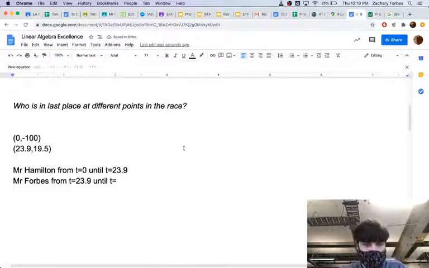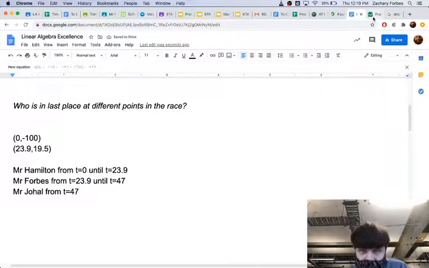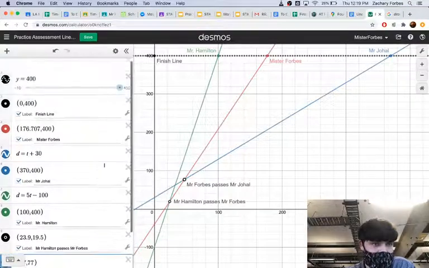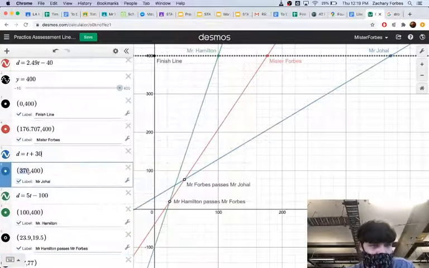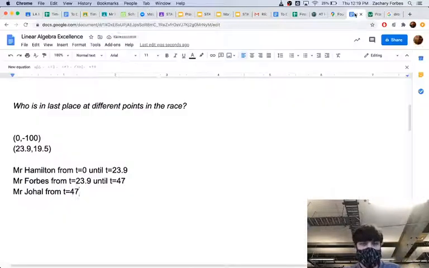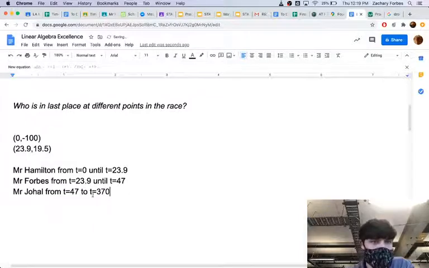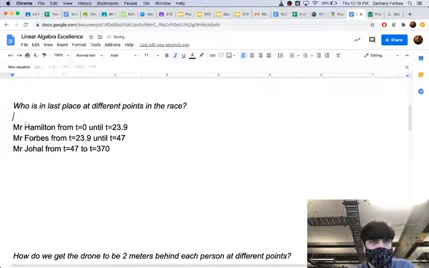Yes, 47. And then we know the last one's going to be Mr. Jahal from t equals 47 until the end of the race. So we've got to find out when he finishes. Mr. Jahal finishes, here's the coordinate, at t equals 370 seconds. Alright, so this is when different people are in last place at different points in the race.